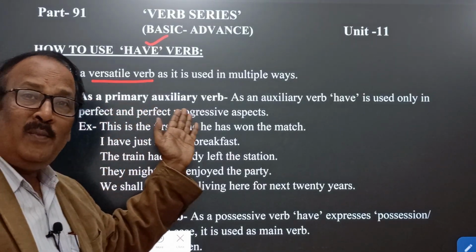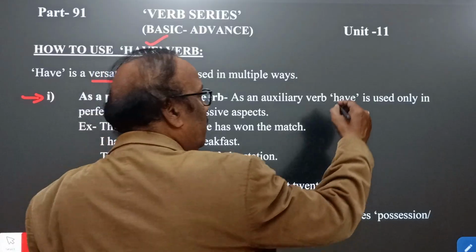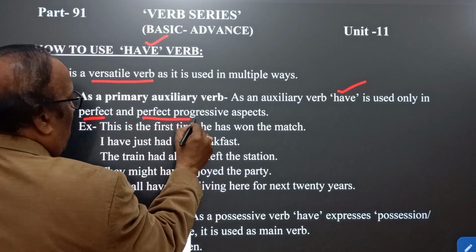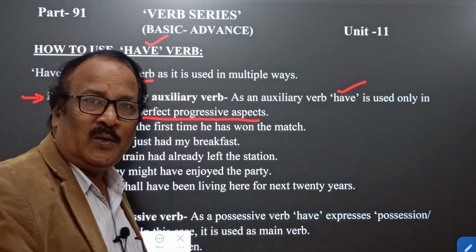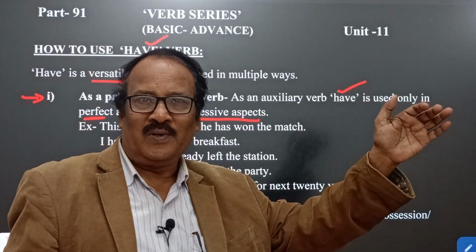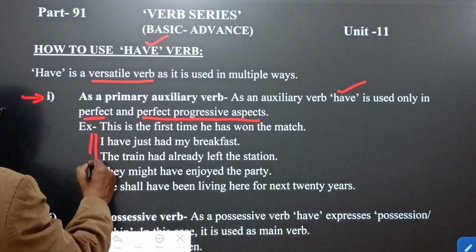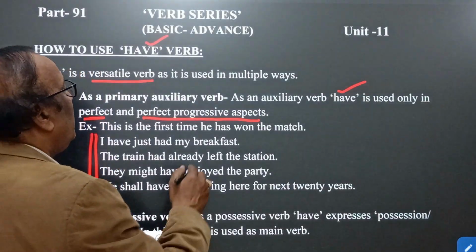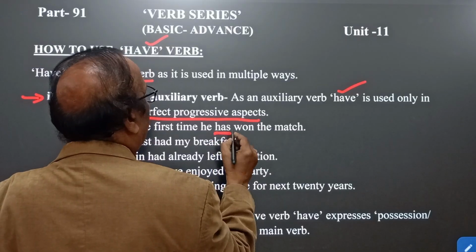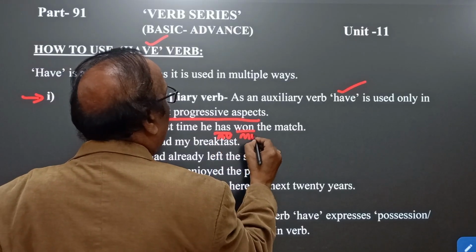As a primary auxiliary verb, have is used only in perfect and perfect progressive aspects of present, past, and future. Let's see some examples. This is the first time he has won the match. Here has is the auxiliary verb, won is the main verb.